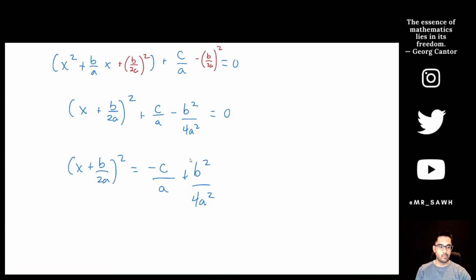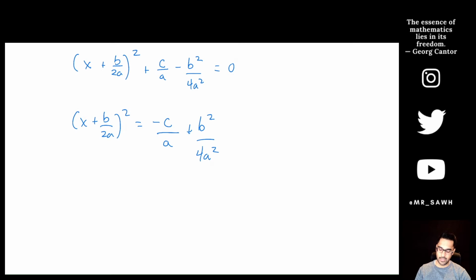Well, now I kind of want to put those things together. The problem is there's no common denominator to add those fractions, so I have to create one. So if I leave my left side alone, equals. In order to make a common denominator, I'm going to take my fraction, the negative c over a, and multiply it by enough to make it a 4a squared.